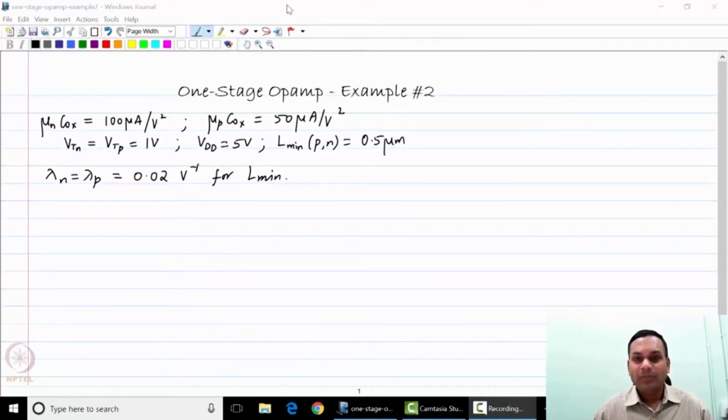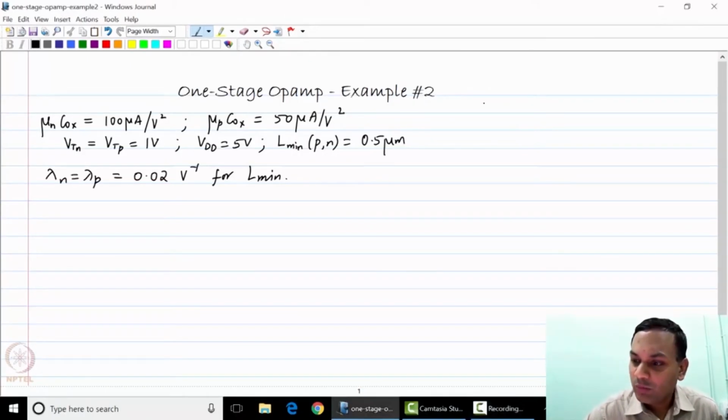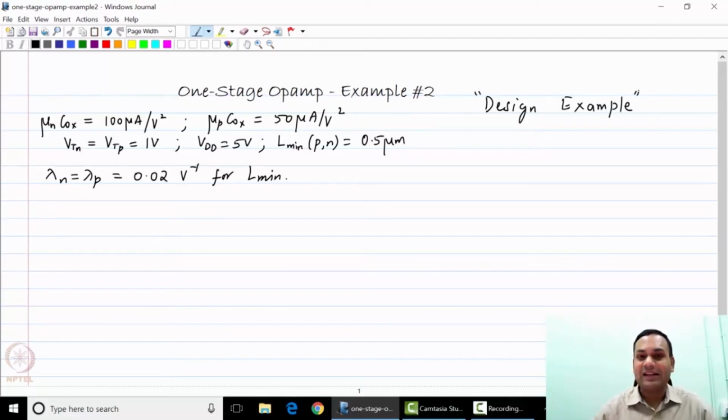In the second example, we are going to try to approach the problem from the opposite angle. So this is going to be a design example. The previous example was an analysis example where you were given the sizes and given the currents.